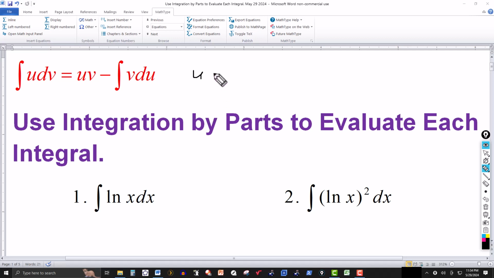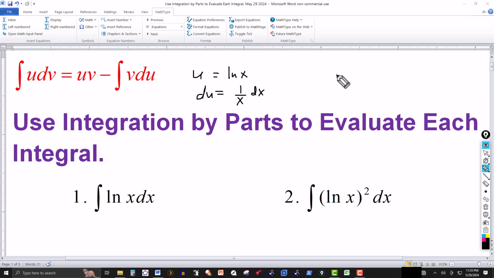So if I let u equal ln of x, then du, the derivative, would equal the derivative of ln of x, that's 1 over whatever this expression is, it's x, so it's 1 over x. And then it's times the derivative of x, which is the 1. So it's 1 over x, and then it's the derivative of x, and this will be dx.